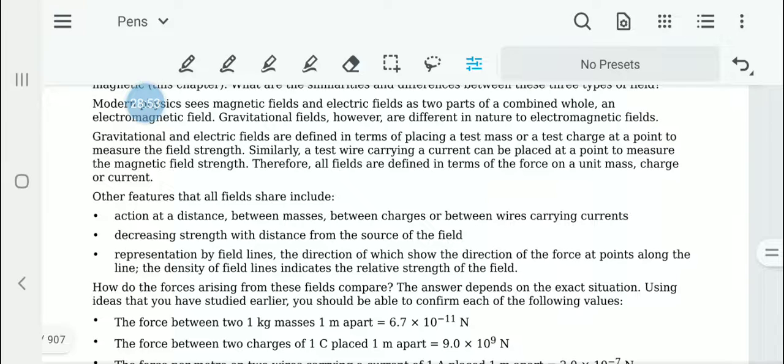Number 1, effect in relation to distance between masses, charges or wires carrying currents.